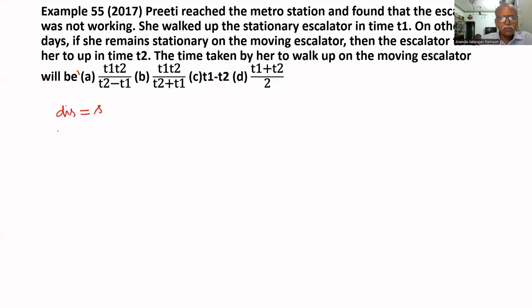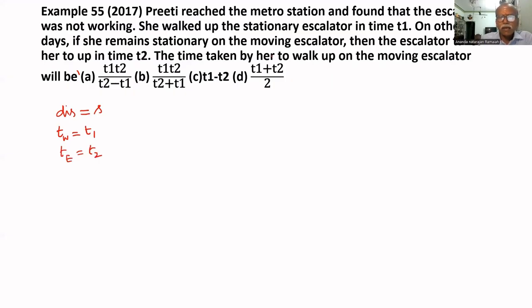Time by walking, tw equals t1. On other days, if she remains stationary on the moving escalator, the escalator takes her up in time t2.